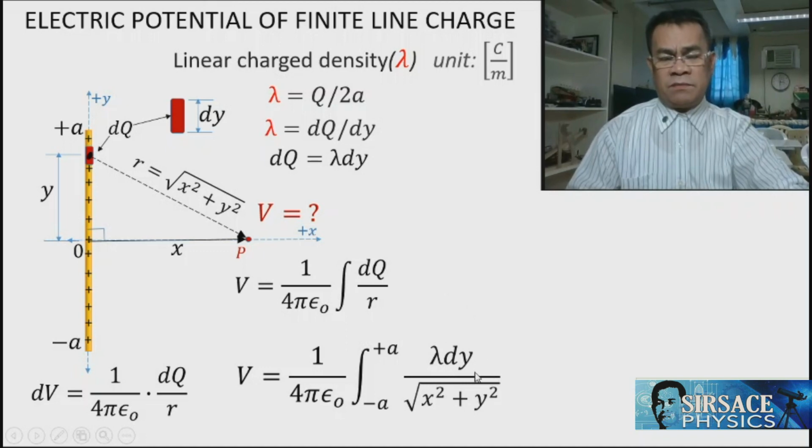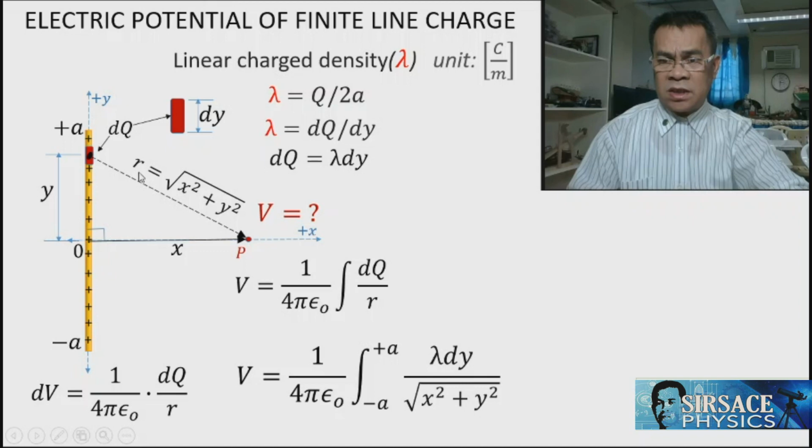Now take note that if we evaluate the integral, this one is constant, so it can be placed outside the integral. But the divisor, which is our r, cannot be placed outside, unlike before. Why? Because r keeps on changing when this charge moves from negative A to positive A.